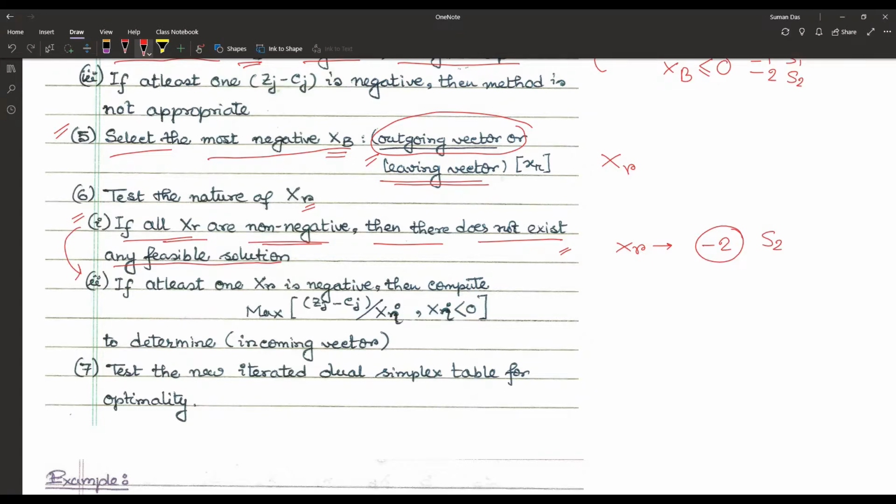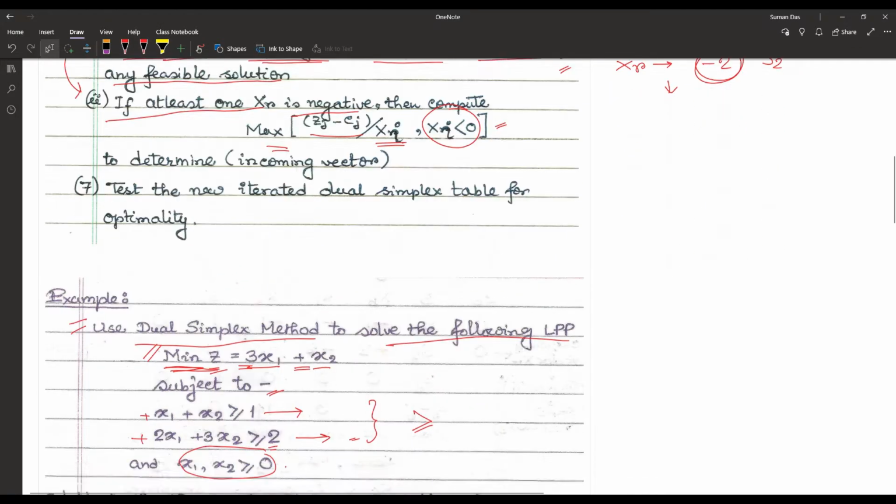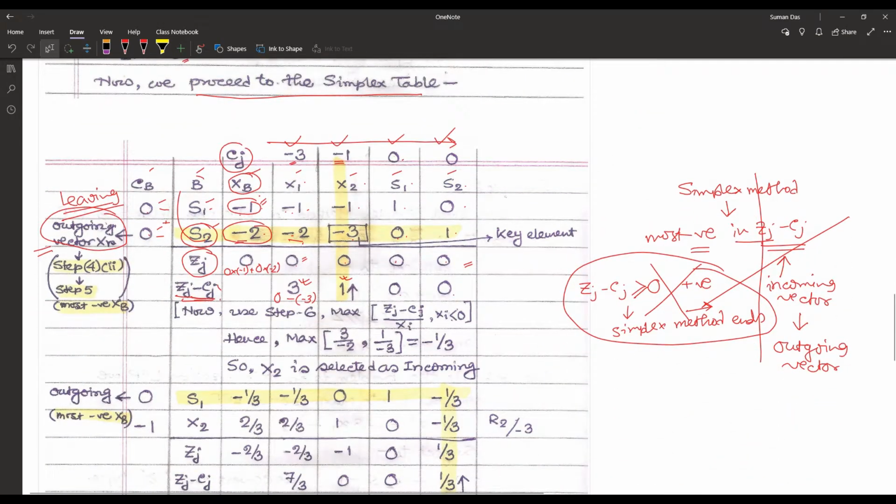The second case, if at least one XR is negative, then compute the maximum of Zj minus Cj divided by Xi, where Xi is less than 0. Now what is Xi? That is our leaving vector. So we have to choose the incoming vector. So we use step 2, particularly rule 2.